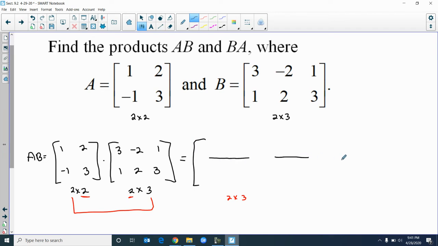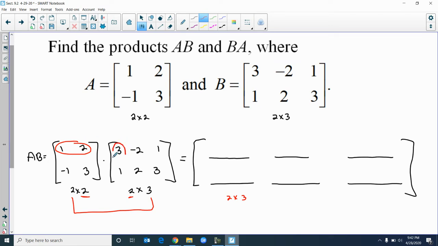I'm going to leave myself a little bit of room to do some work here. Okay, to get the first row, first column, here's how this works. You take row 1 of the first one, and we're going to multiply it by the columns of the second one. Now this row 1 times column 1 will give me this spot here.